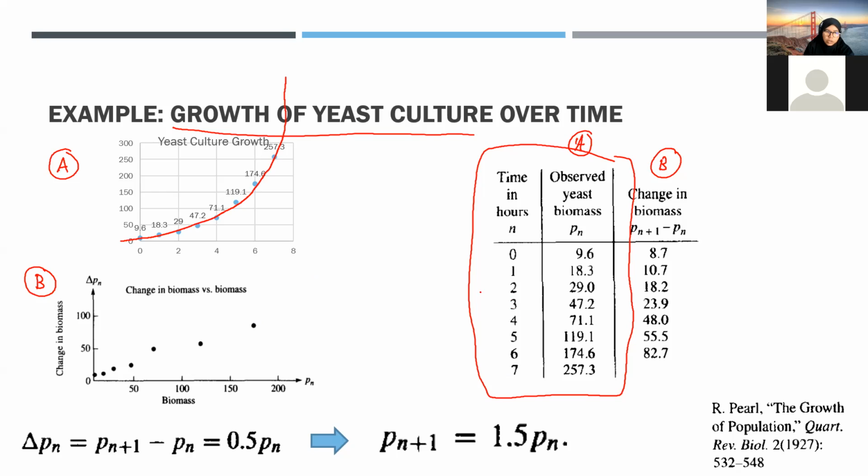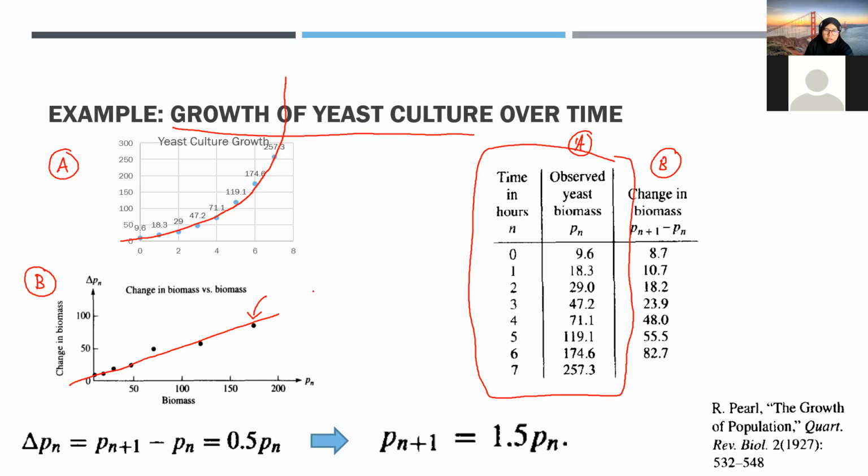And then we can see that the change in biomass, if you put some line right here, just some approximating line, it looks like a straight line. Okay, and then we can see the slope right here. Just take the average value, and then the slope is approximated to 0.5.